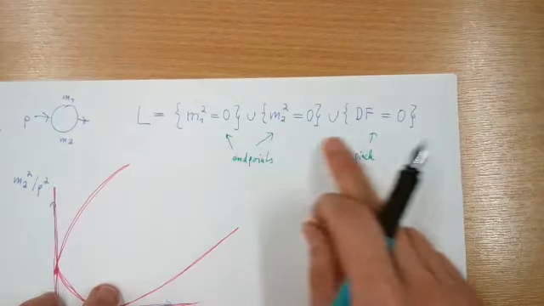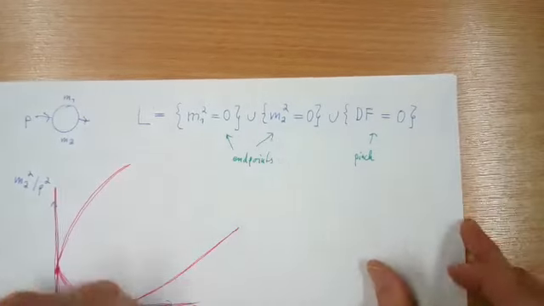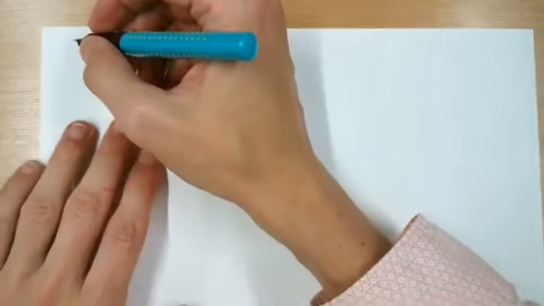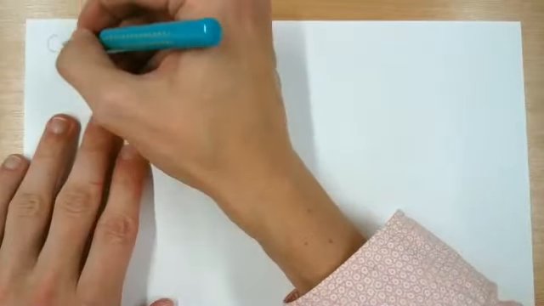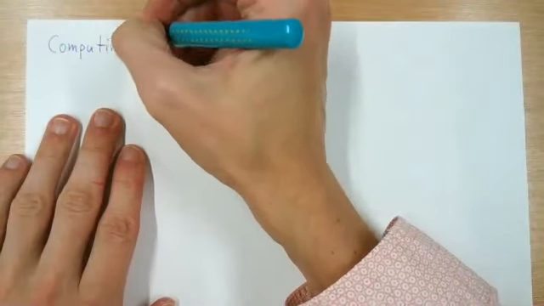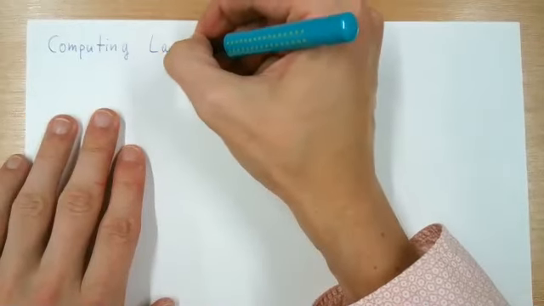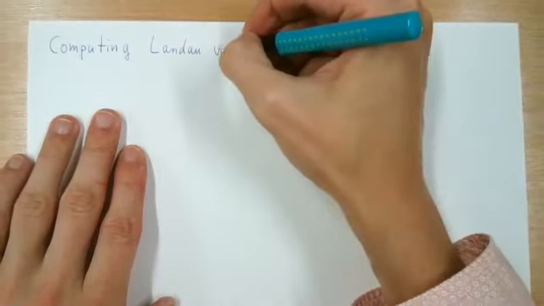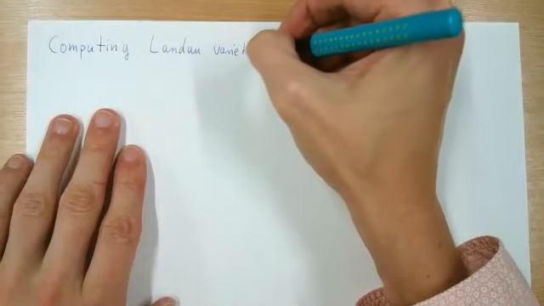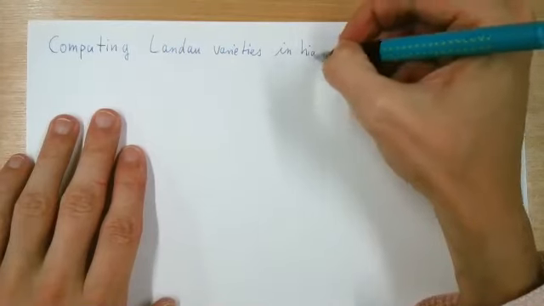So I just want to say some words about how you can compute these singularities. Computing them exactly is tricky, but at least you can get some good idea of what's around. Computing Lambda varieties in higher dimension.